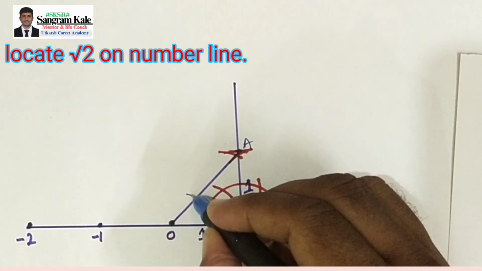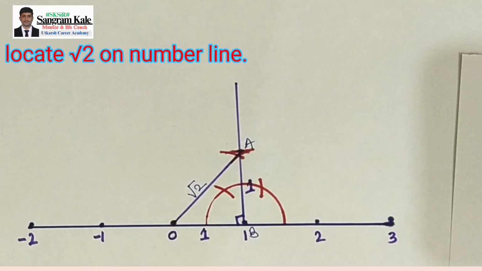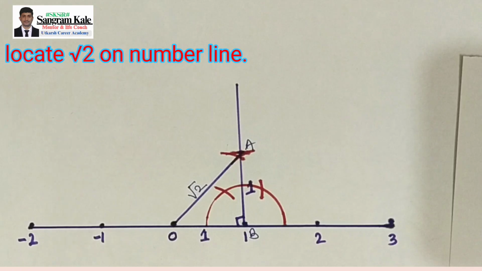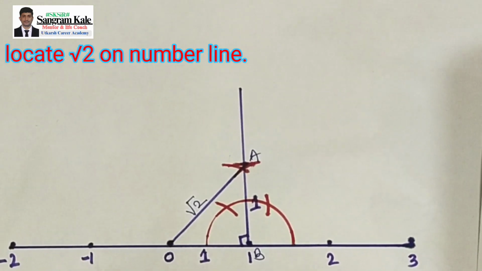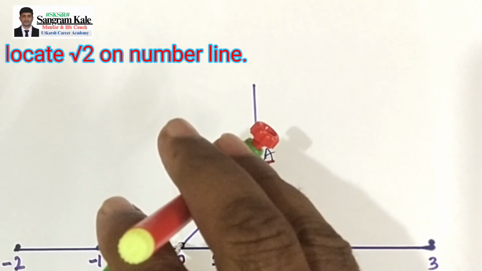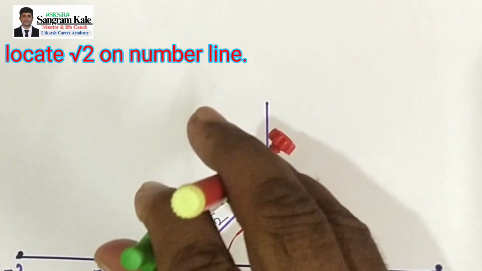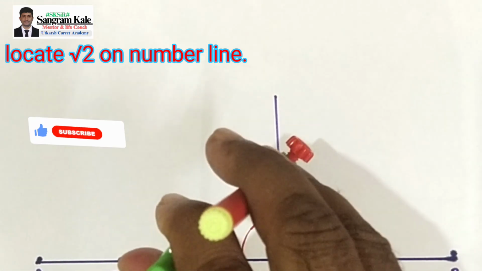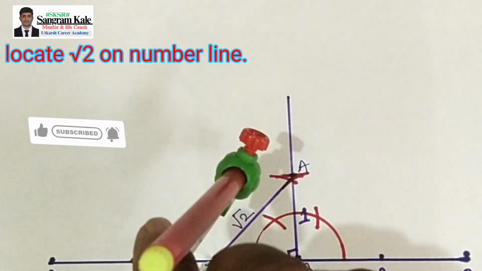Let's check it out. This root 2 distance, the same length we have to show on the line segment. So to do that, we draw an arc considering O as the center, and from the point A, draw the arc to the line.